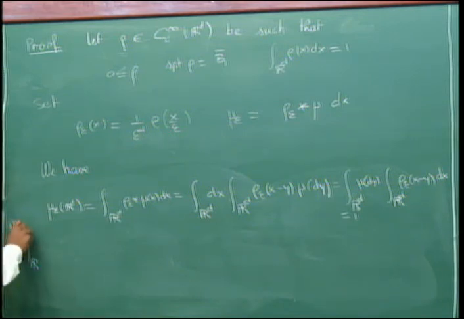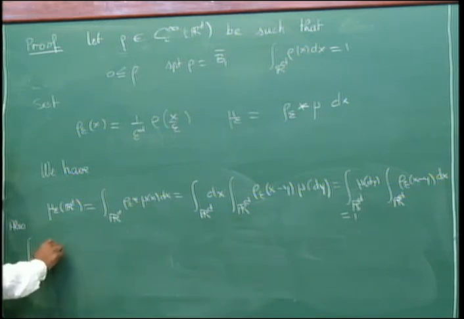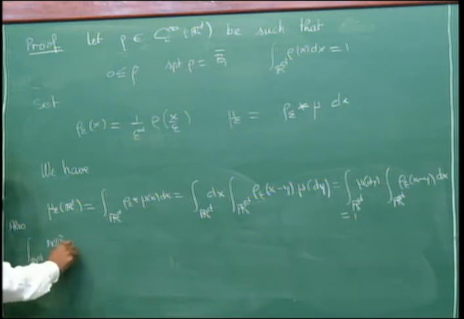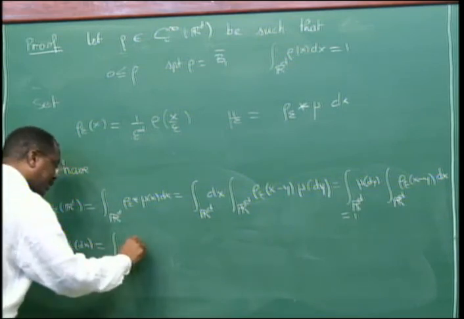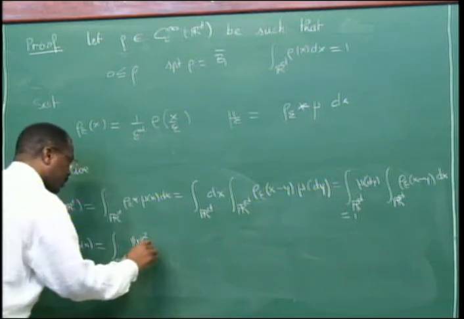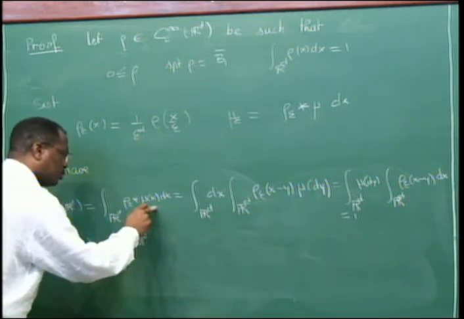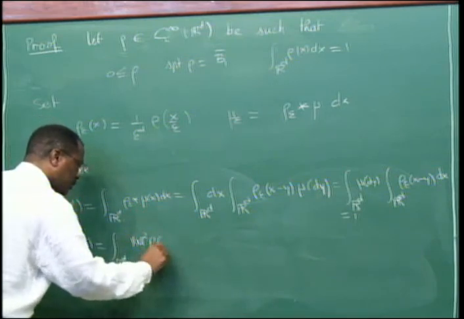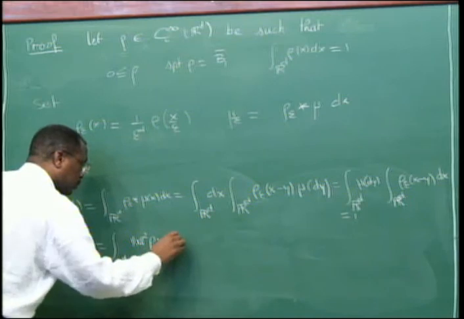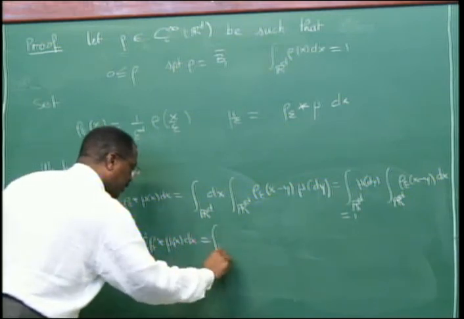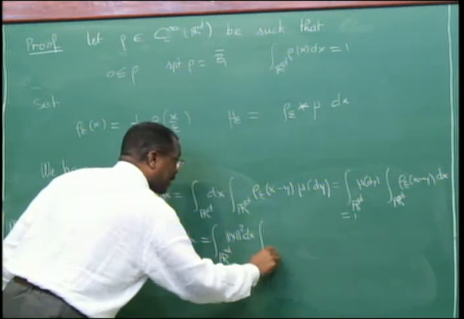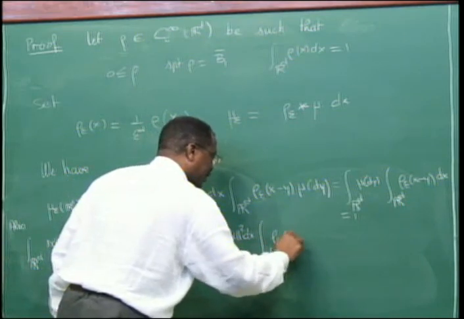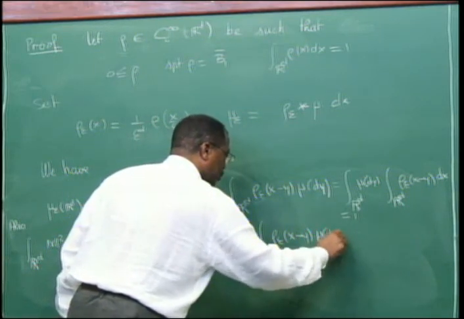For the second moment, also, the integral over Rd of x squared mu epsilon dx is the integral over Rd of x squared rho epsilon convolution mu dx, which is the integral over Rd of x squared dx, the integral over Rd of rho epsilon of x minus y d mu of y.